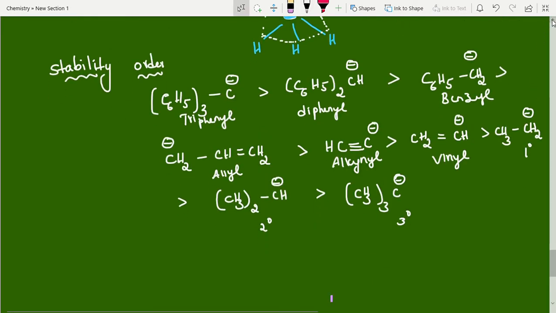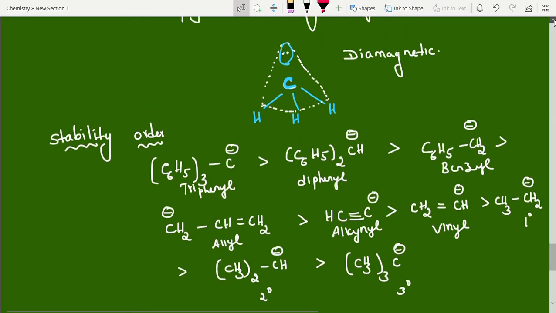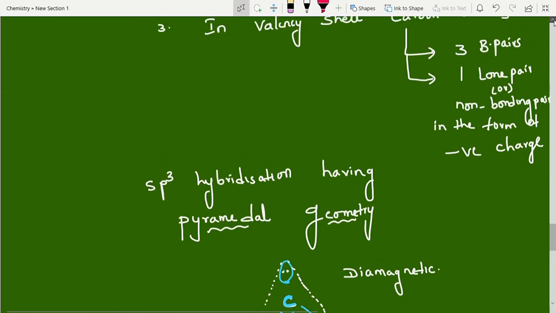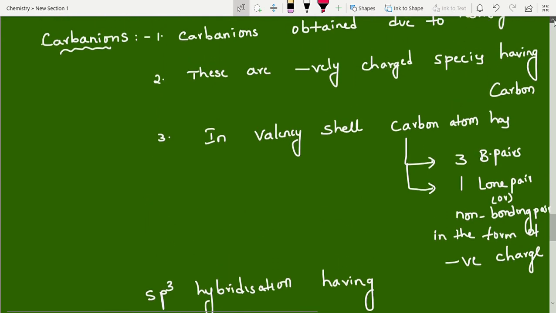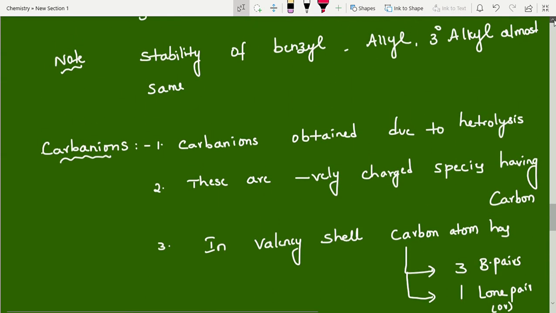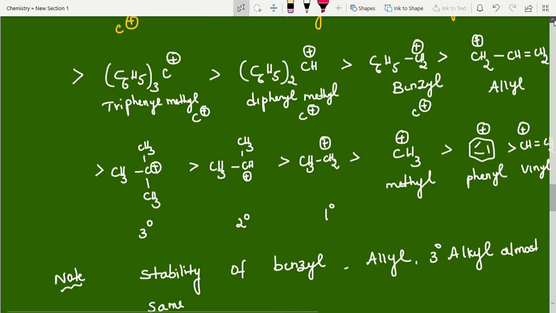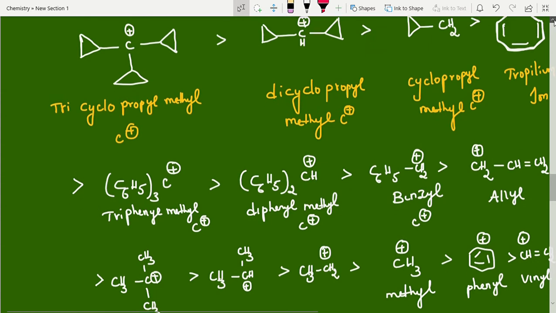Methyl free radical: what is the story next? It has 3 bond pairs and 1 odd electron in the valence shell. Now I am showing a point, students, please look into this.